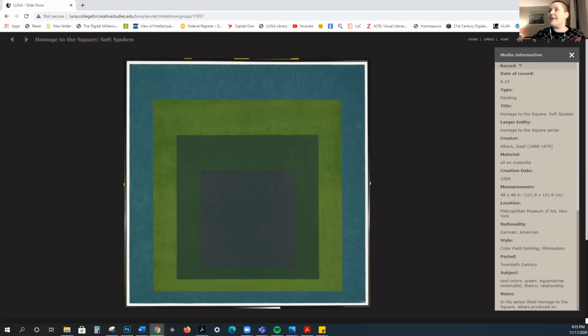And what we're looking at here is one of the homage to the squares painted by Joseph Albers. So the Bauhaus encompasses lots of different disciplines. And it is not just for creating fine art, right?